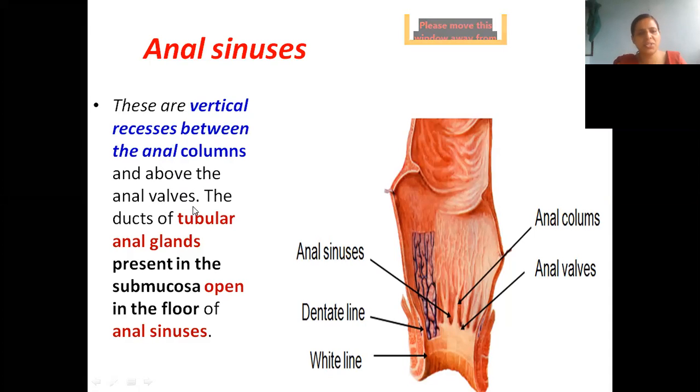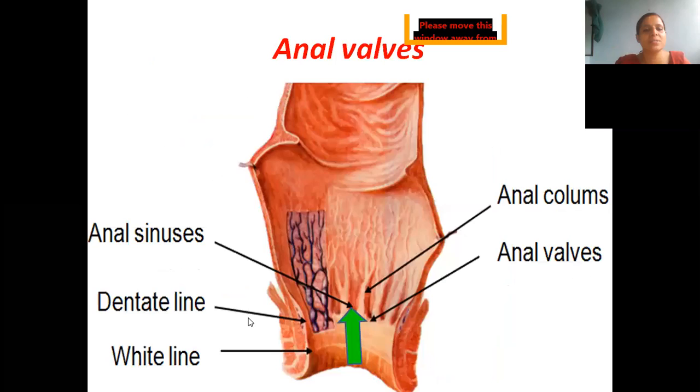To pour the secretions. The anal columns contain anal glands, which are tubular glands. They are present in the submucosa and open here into the anal sinuses. Anal sinuses are nothing but the openings for the passage of secretions coming from the anal glands.